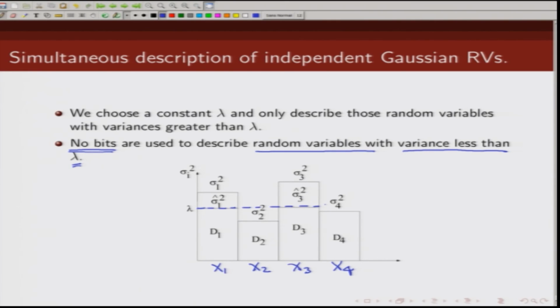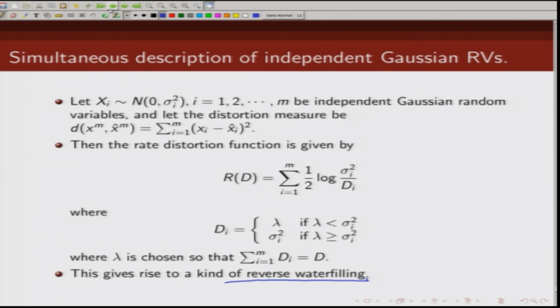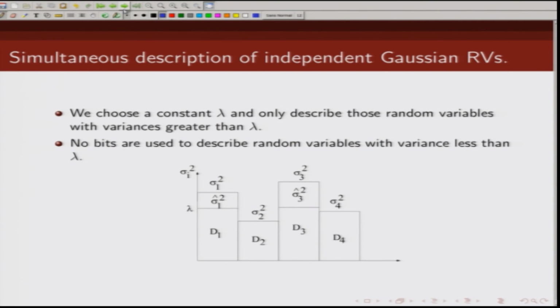As I said, if lambda is less than sigma i square, di is lambda. So in this case, lambda is less than sigma 1 square, so d1 is lambda. Similarly, d3 is lambda.